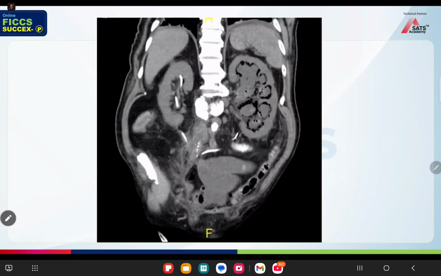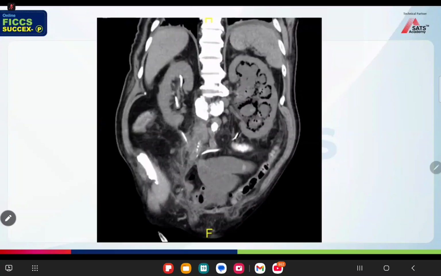This is a CT KUB. Compared to the right, the left kidney looks globular, increased in size. There is stranding around the pelvicalyceal system.